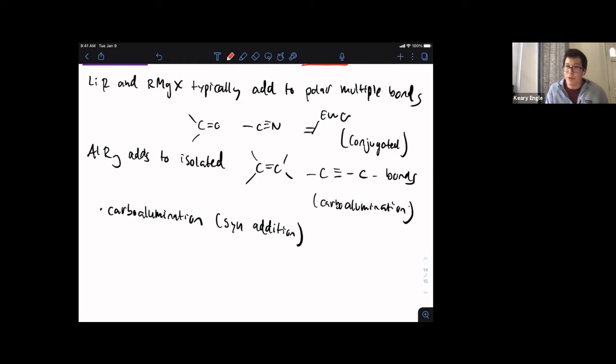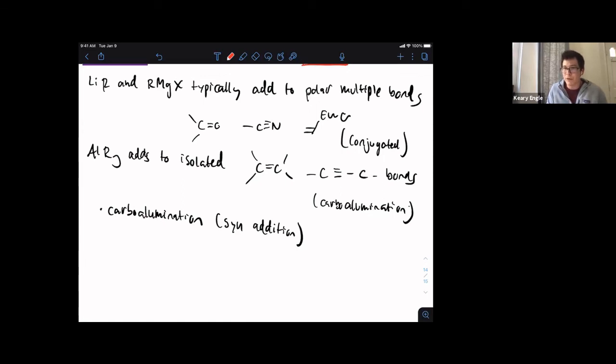And again, this has to do with the fact that the carbogenic substituent in these atoms has high carbanion character, and thus can interact with these functional groups, which have relatively low-lying pi star LUMOs.